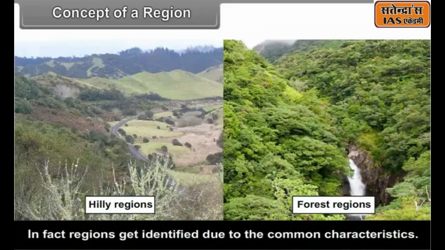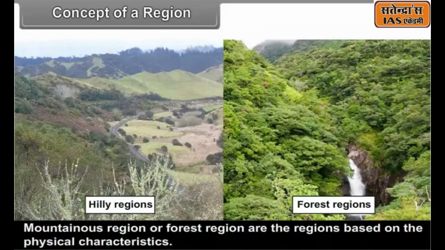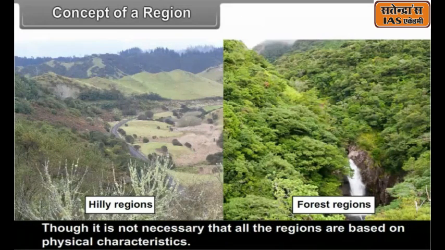In fact, regions get identified due to the common characteristics. Mountainous region or forest region are regions based on physical characteristics. Though, it is not necessary that all regions are based on physical characteristics.